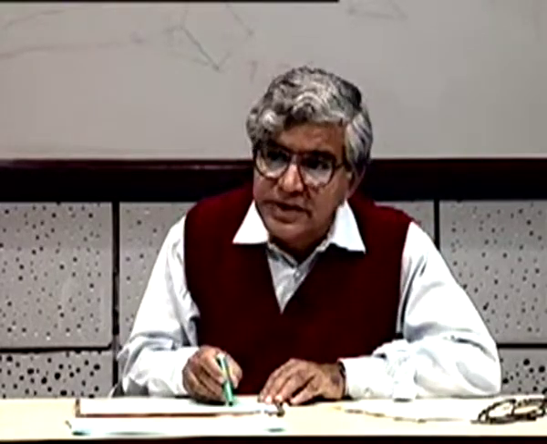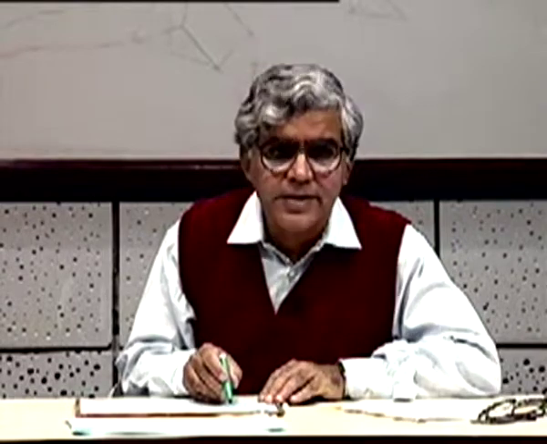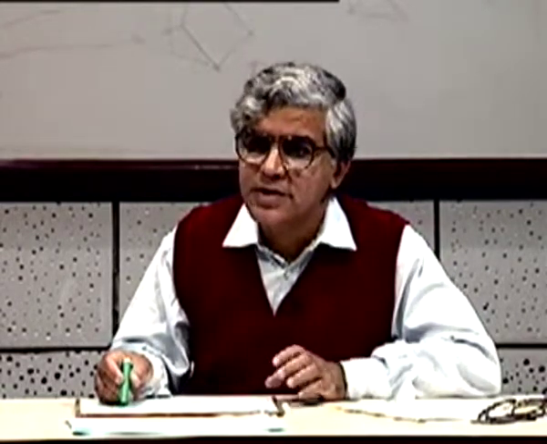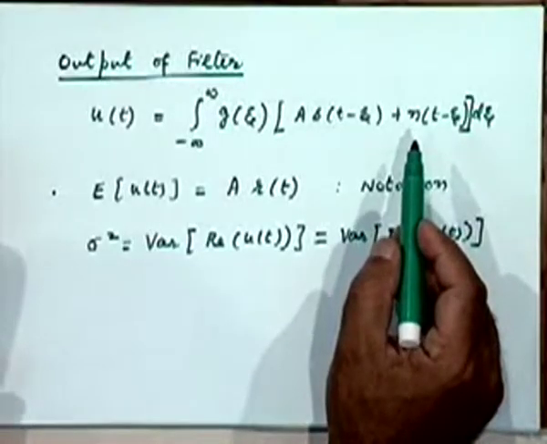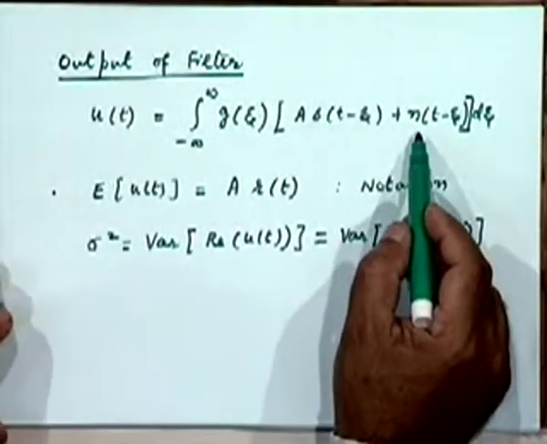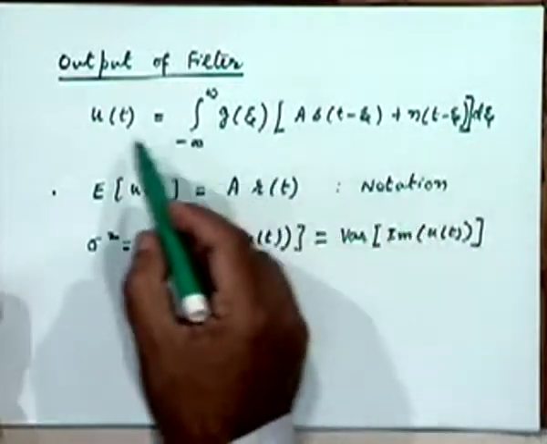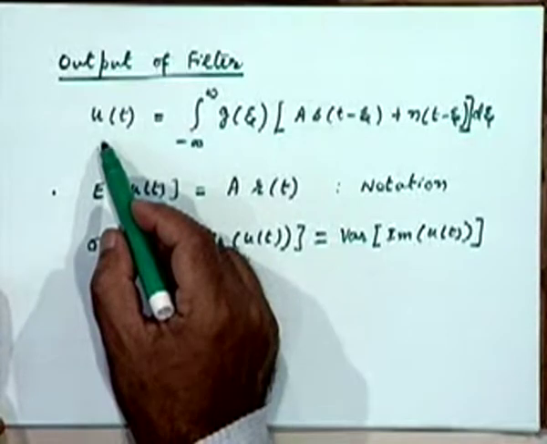Obviously, the variance of u(t) itself will be either sigma square or 2 sigma square, depending on whether it is real or complex. If u(t) is real, that is, if n(t) is real, then u(t) is real. If you are assuming everything is real, then u(t) is a real valued process, in which case the variance will be simply sigma square.